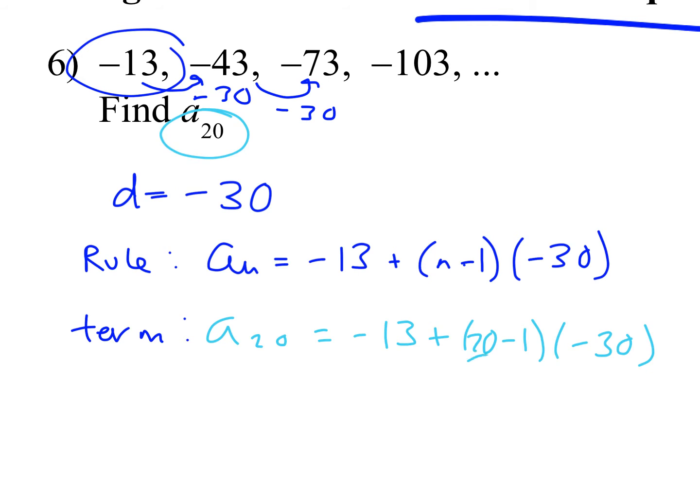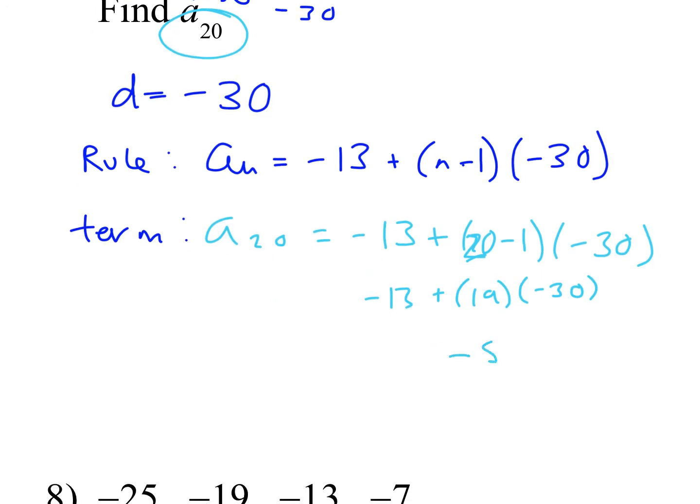And then you just have to make sure you follow your order of operations when solving. So 20 minus 1 is 19. So you have 19 times -30. Plug that into your calculator. So that gives us -570.